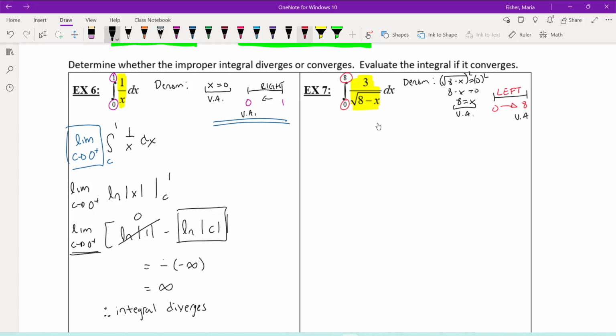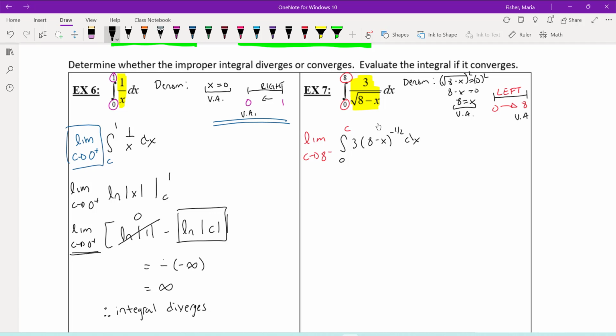Therefore, I say that I'm looking at the limit as c approaches 8 from the left of the integral from 0 to c, and I'm going to rewrite this with a negative exponent so it's easier for us to integrate because it's not basic form. Therefore, this becomes 3 times 8 minus x to the negative 1/2 dx.